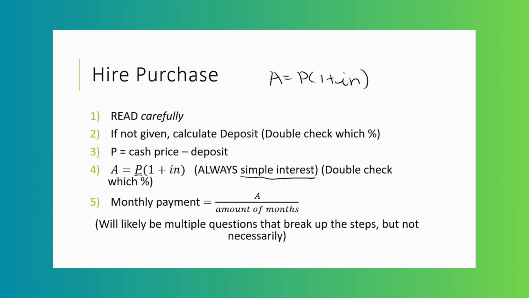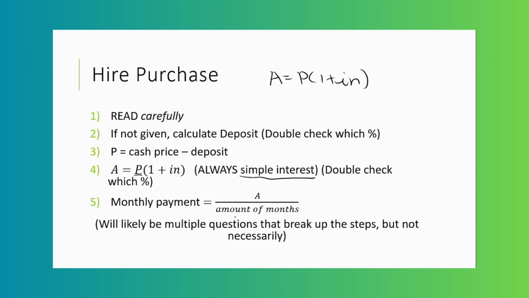Then sometimes, or quite often, they will ask you to find the monthly payment. Now that will be the part that you borrowed that gained interest, divided by how many months.